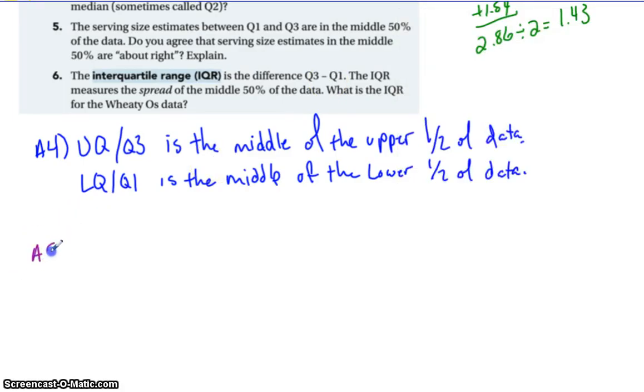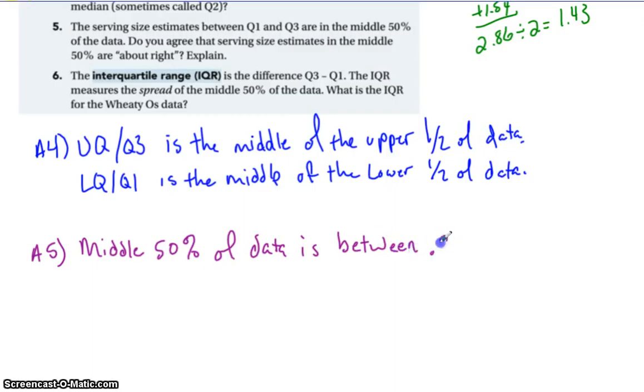So for A5, we need to agree that the middle 50% of data is between 0.96 and 1.32 servings.